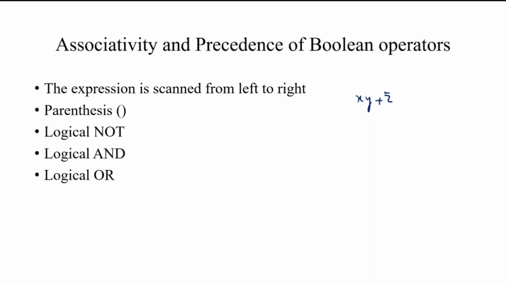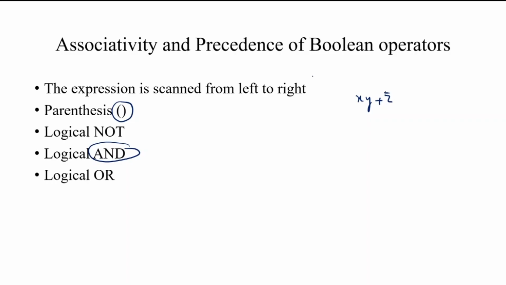So when we talk about operators, either the expression present inside the parenthesis, or a single operand connected by a NOT gate, meaning the Boolean variable is present in its complemented form, or two or more Boolean variables connected through an AND gate, appearing in a product term, or two or more variables connected through an OR gate.